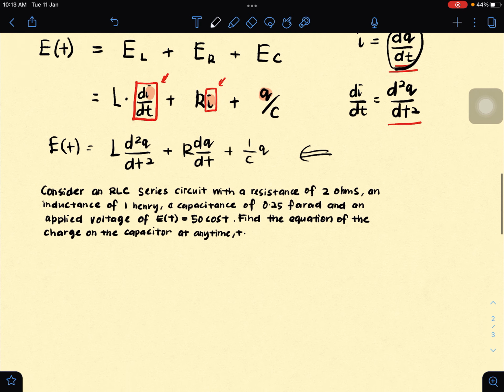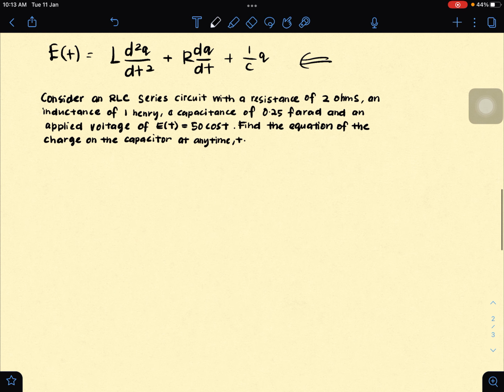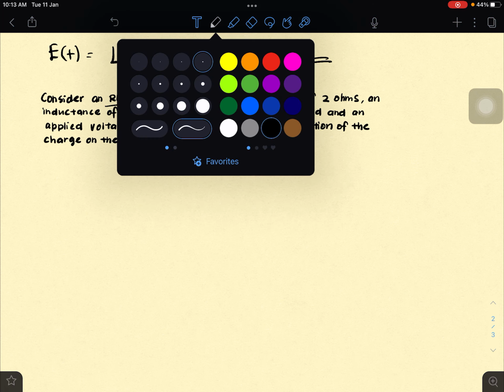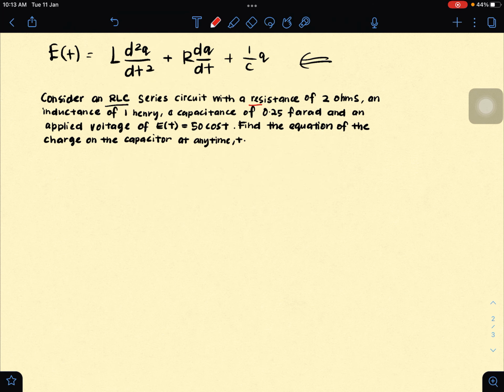Okay, so let's see the example here. Consider an RLC series circuit. When we are talking about RLC, it means we have a second order application, with a resistance of 2 ohms. So your value of R is equal to 2.